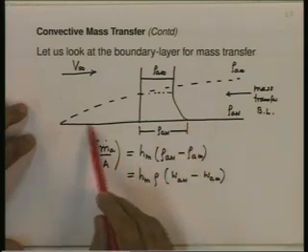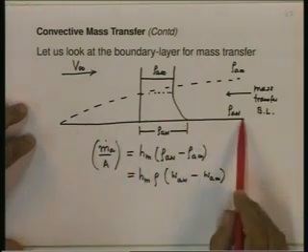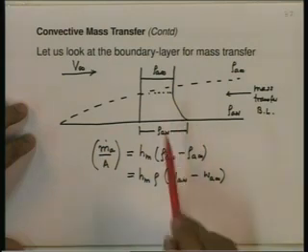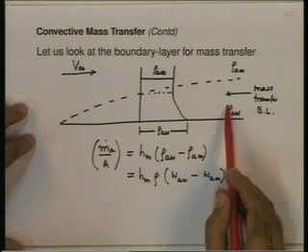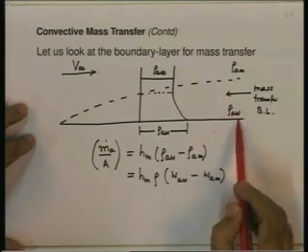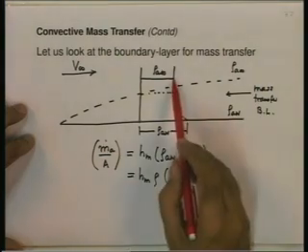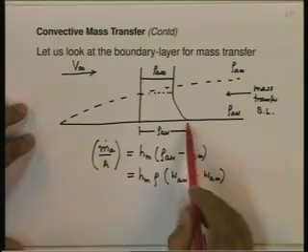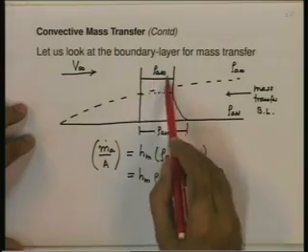There was some material coated on the wall, and just next to the wall in the fluid, the density of component A was rho AW. In the free stream, the density of the same component was different. In this case, it is shown lower at rho A infinity.